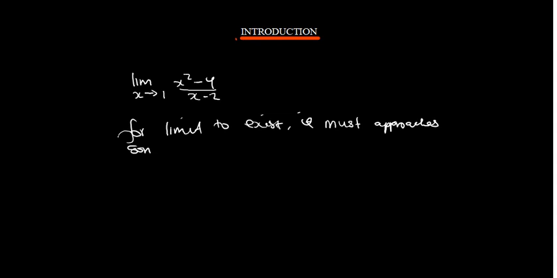So for a limit to exist, it must approach a fixed number, so that number should be achieved. For a limit to exist, it must approach a certain number.